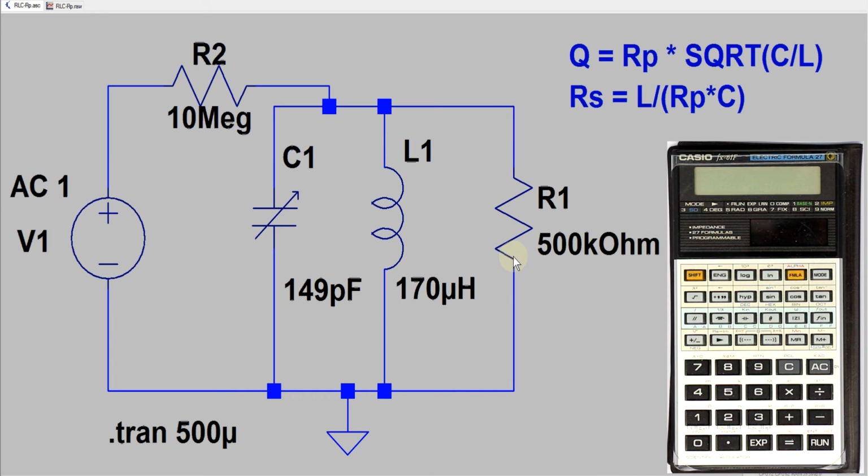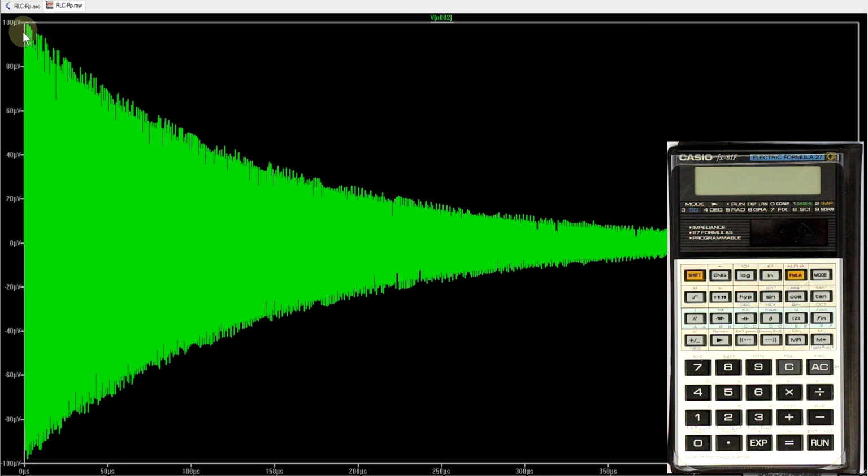We could either measure the bandwidth where the amplitude drops to 3 dB below its maximum value, and then we only have to divide the center frequency, the resonant frequency, by the bandwidth, or we take a square wave, we excite the resonant tank circuit, we measure the number of cycles where the amplitude drops to half of its initial value, multiply this by 5 and also have the Q factor.